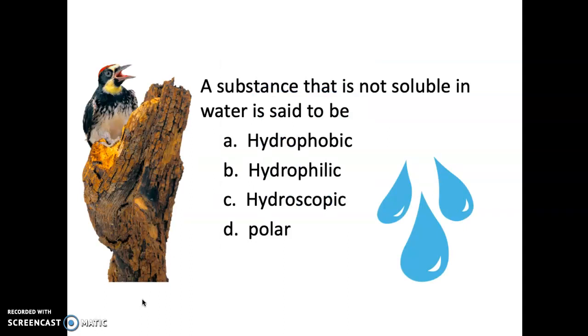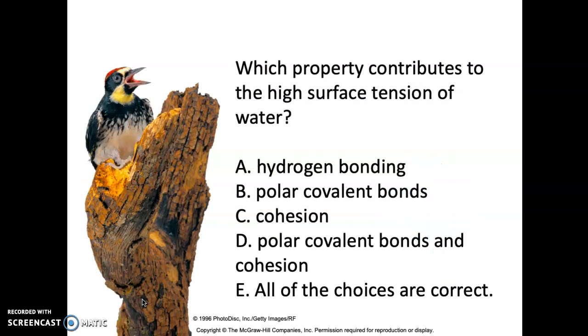Let's do this. A substance that's not soluble in water is said to be hydrophobic. Hydrophobic. Which property contributes to the high surface tension of water? Surface tension meaning that insects can walk on the top. Is it hydrogen bonding?